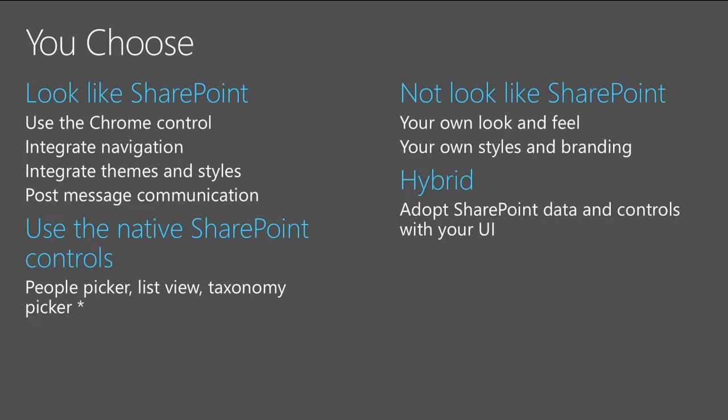And a Chrome control basically says if I have a full-page application, I might want to just give the appearance, the outside kind of frame of the normal SharePoint master page. And so that's something that we provide that you could very easily add to your page. So it's as simple as adding a little div to the top of your page, and then as the page loads, you pull in a little script and just say that this is where I want that Chrome control to get rendered. So that's one of the things.